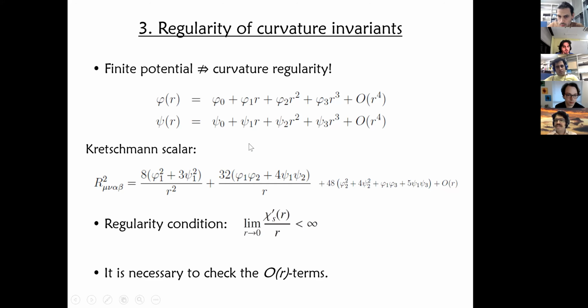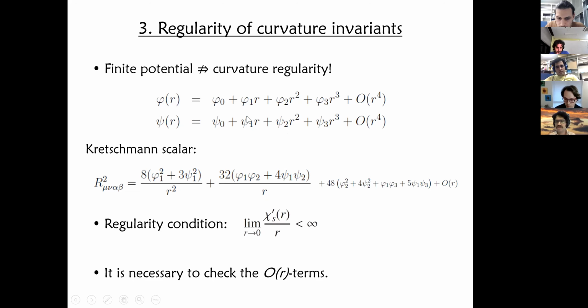So we can say that a condition to have the regularity of these curvature squared invariants is that the derivative of the potential over R goes to a constant. Or, if the potential is analytic, as I assumed here, it means that the coefficients of these terms linear in R are 0.